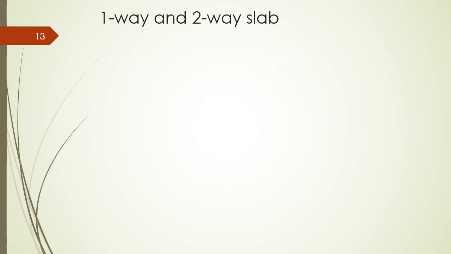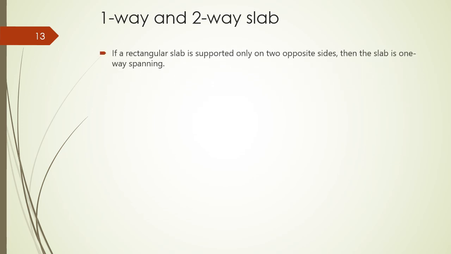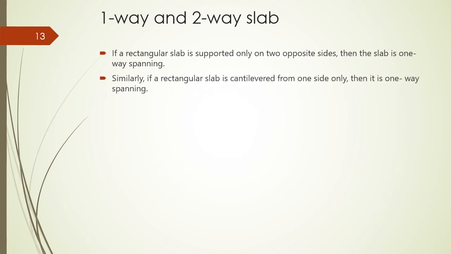Let us look at the difference between one-way and two-way slabs. If a rectangular slab is supported on only two opposite sides, then the slab is considered one-way spanning. Similarly, if a rectangular slab is cantilevered from one side only, then it is one-way spanning. If a slab is supported on all four sides, we'll have an additional check.